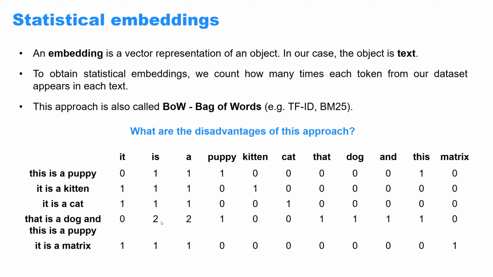This approach is also called bag of words because it doesn't take into account the order of our text. That is the main problem of this method. It doesn't work very well, and it is very rarely used nowadays.